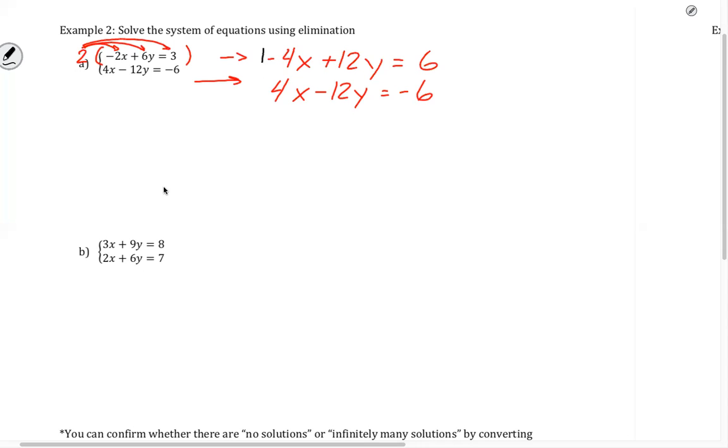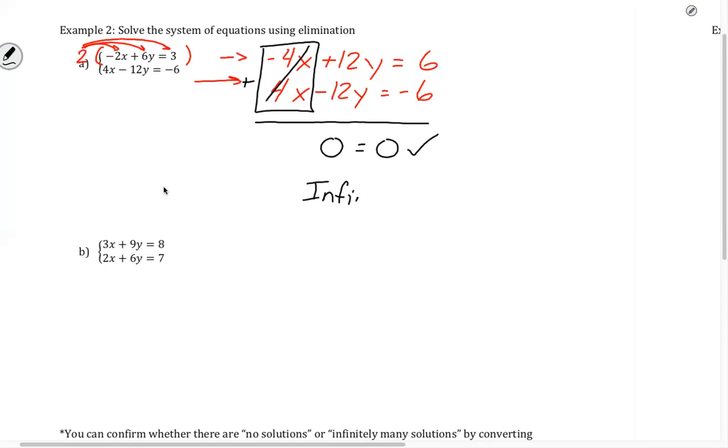And then I chose to get rid of the x's. So they are opposites, so I add, they cancel. Then I got 0, because 12y plus -12y is 0 equals 0. 0 equals 0. True or false? It's true. Infinite solutions. Okay?